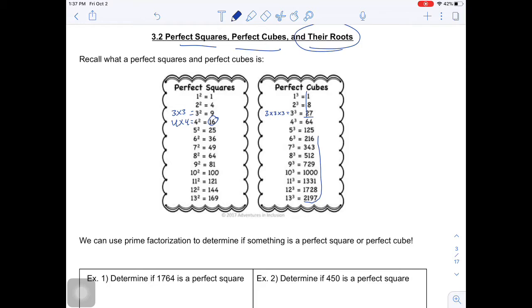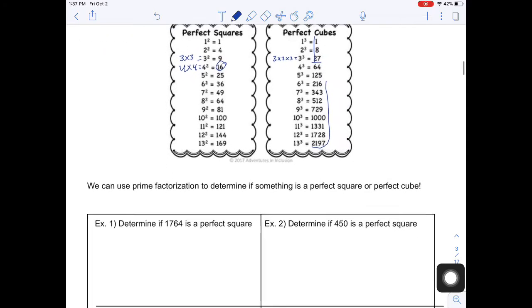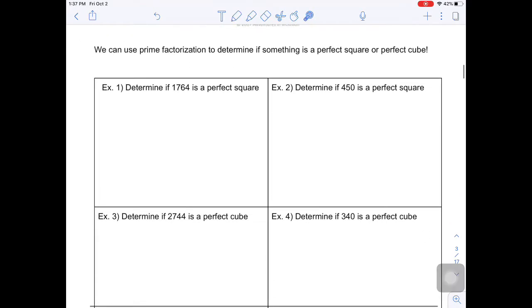Now you might say, you know what, Mr. Scaber, I already know how to use my calculator to find these. Well, we want to know how to find these without a calculator, of course. So we can actually use prime factorization to determine if something's a perfect square or cube.